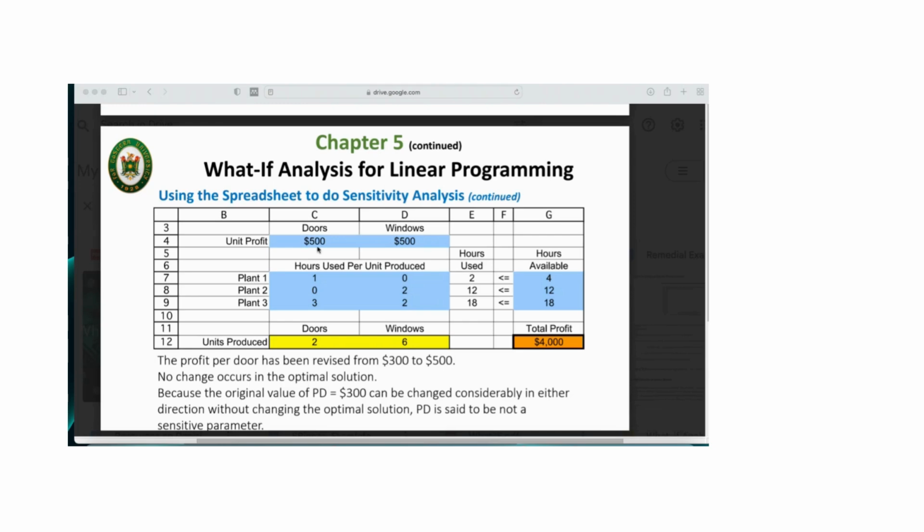A parameter is sensitive if changing this a bit changes the optimal solution, like it's no longer 2 and 6, but it became 3 and 5. Then this parameter would be sensitive. But it didn't happen. In this case, we changed this parameter a bit, and it did not change the optimal solution.